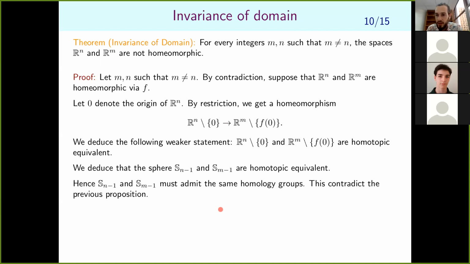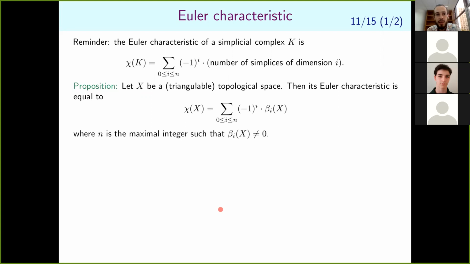Last thing I want to present you as a consequence of homology and its algorithm is something about the Euler characteristic. Remember that we've defined last week the Euler characteristic of a simplicial complex like so.